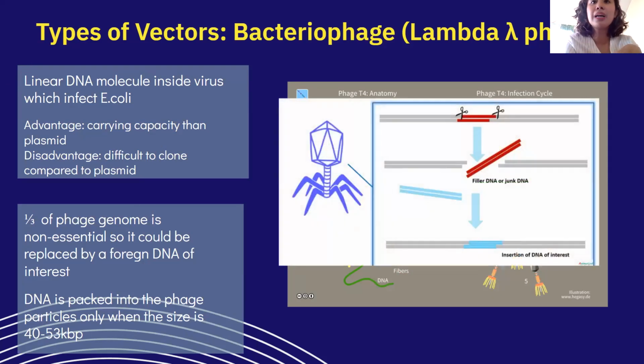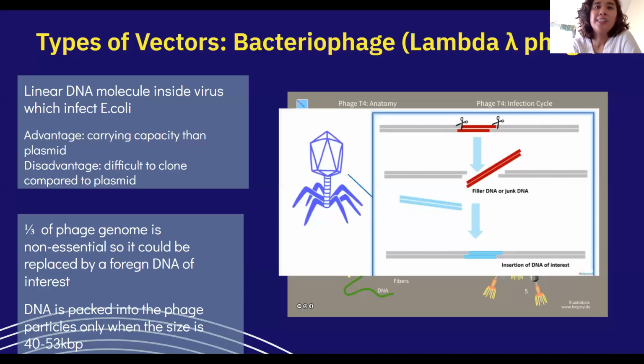So, guys, ma'am, how do you edit the DNA inside the bacteriophage? So, it says here, one-third of the phage genome is non-essential, so it could be replaced by a foreign DNA of interest. So one-third.